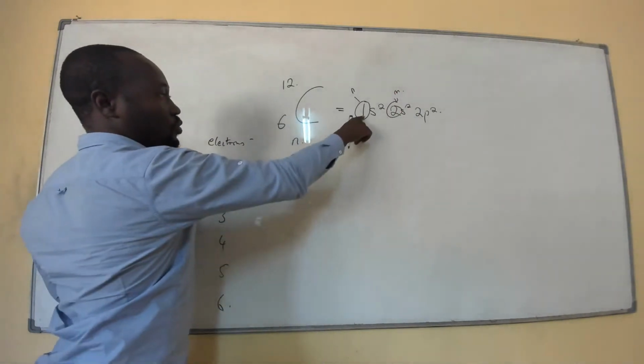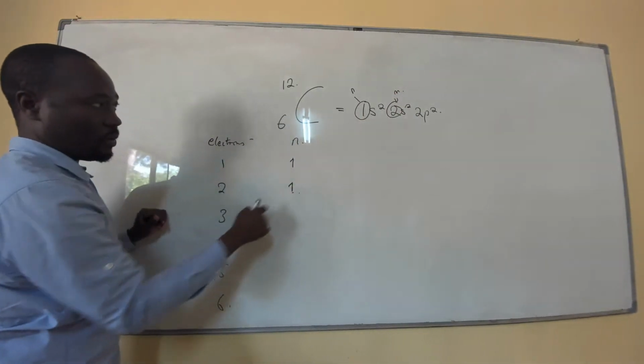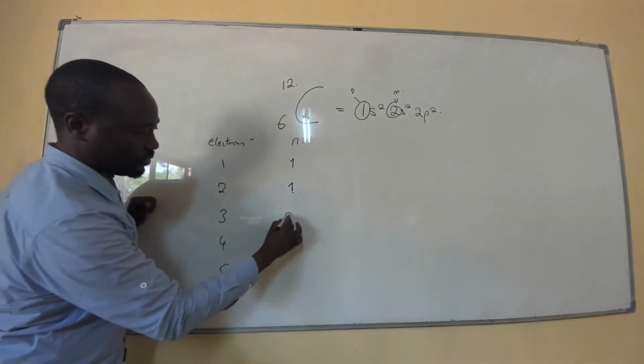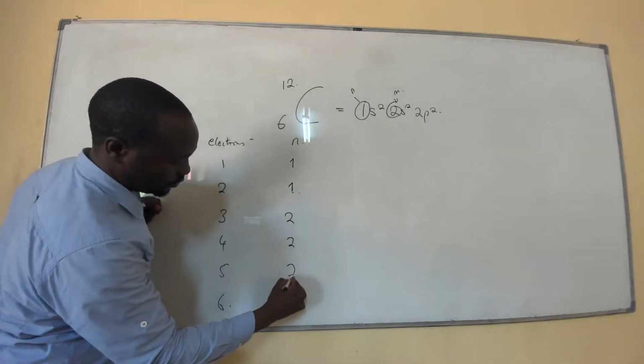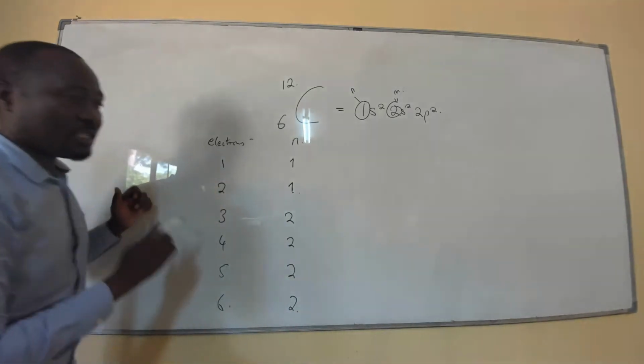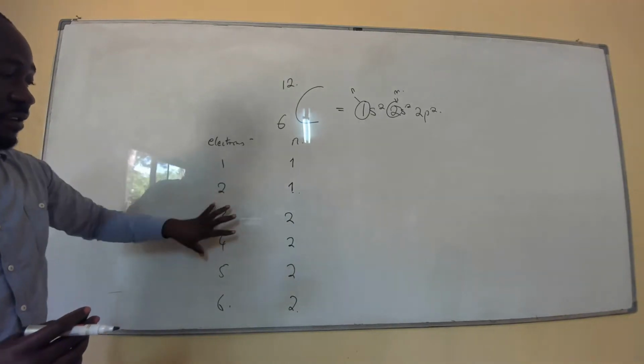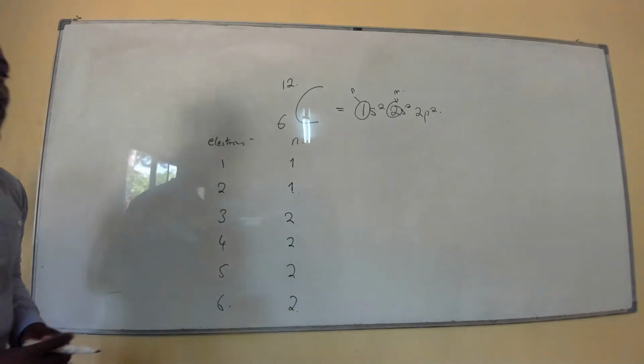Meaning 2 of these are in 1, then 4 of these are in 2. So you have 2, 2, 2, 2. There are 6 electrons: 2 electrons are in N equals 1 and 4 electrons are in N equals 2.